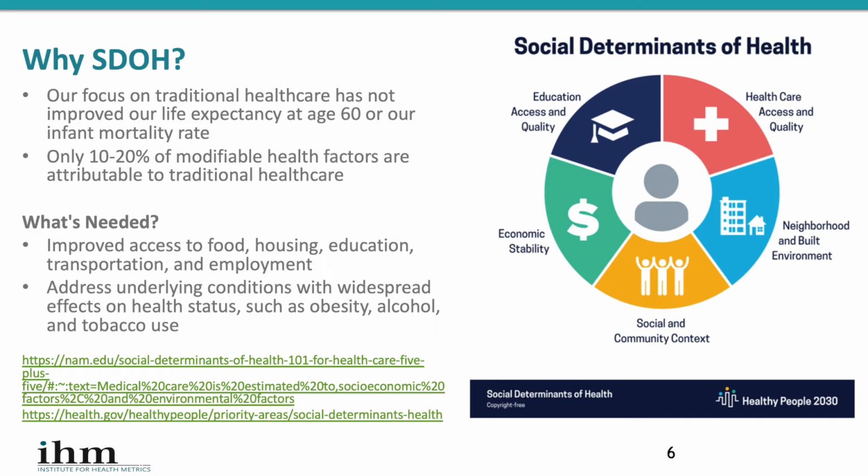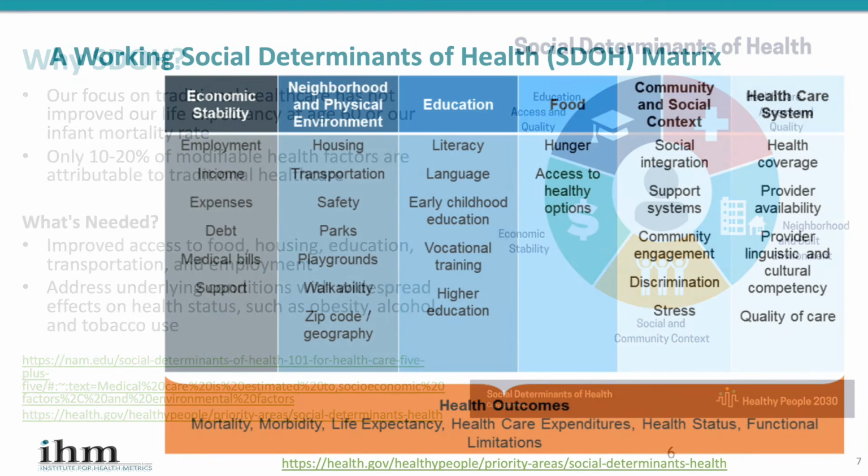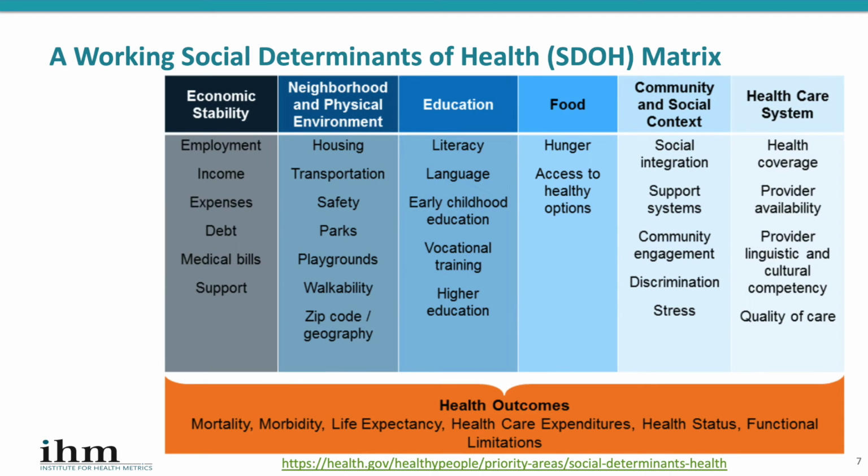And here's an example of the 5 broad contexts of social determinants of health, where you can think about them broadly. And I'll show you a matrix on the next slide that I think is very useful in thinking about social determinants of health and examples that fall under each of these categories.